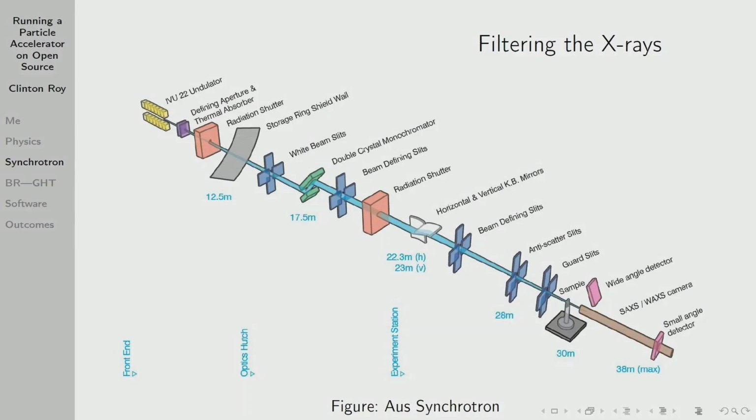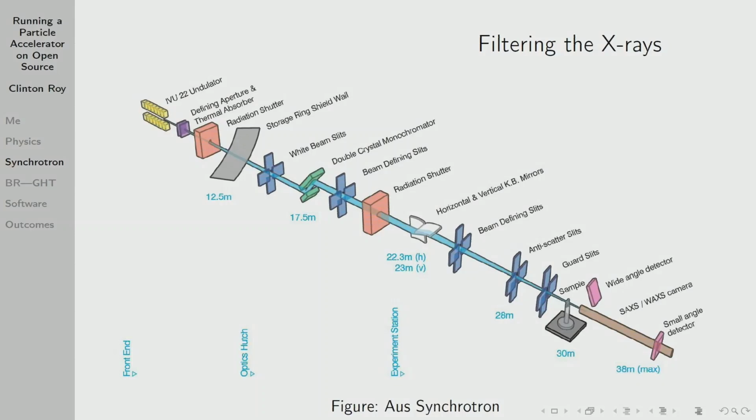Then we've got mirrors that let us focus it. So depending on how big our sample is, we can focus all of those X-rays down onto a very small point. Or if we've got a very large sample, maybe we don't want to focus the X-rays, and maybe we let the X-rays get quite wide.